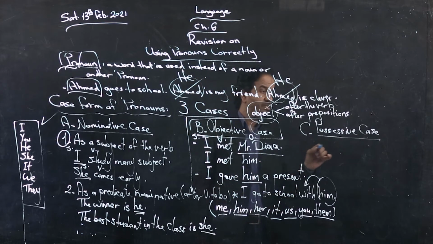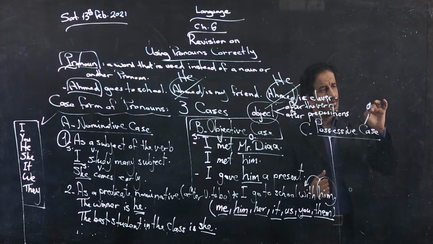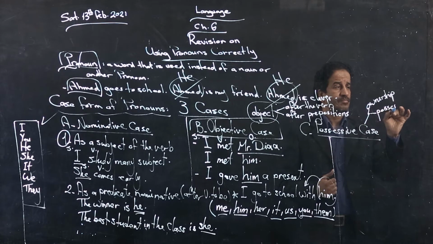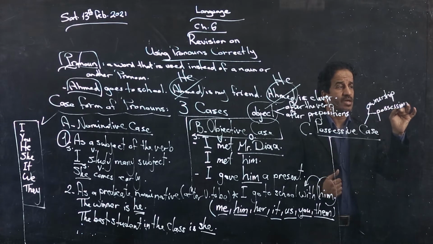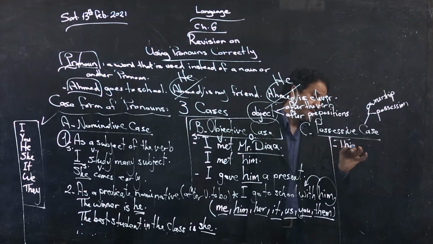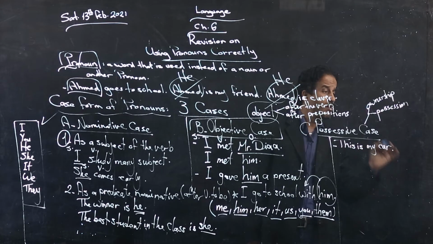Come to the third case. Possessive means ownership, to show ownership, that I have, that I own, or possession. I have something, I own something. For example, this is my car.